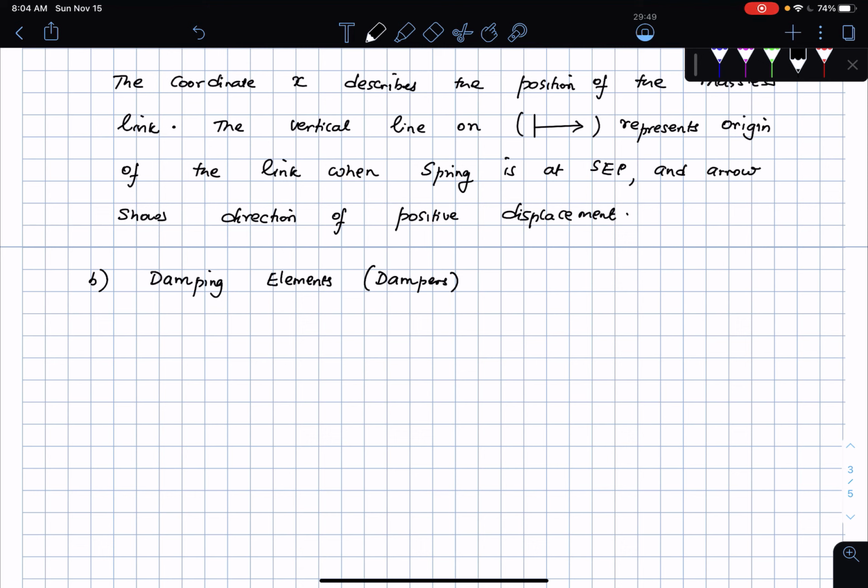Damping elements are typically used to model parasitic losses in mechanical systems.